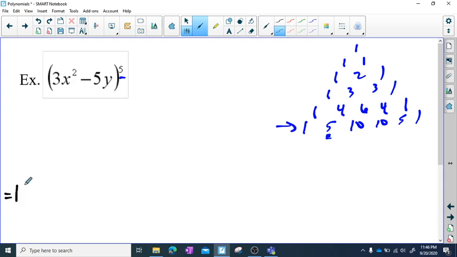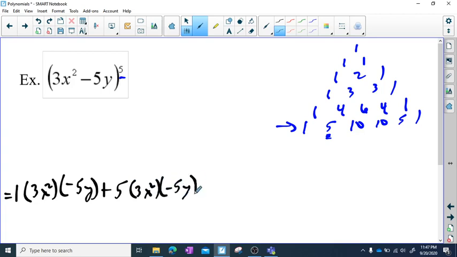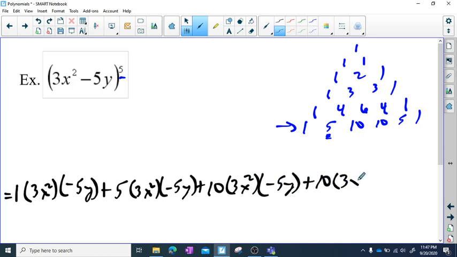So it's a 1. First term in the binomial is 3x squared. The second term in this binomial is negative 5y. I'll leave the exponents for a second. Then I got a 5, 3x squared, negative 5y. A 10, 3x squared, negative 5y. Another 10, didn't forget it this time. Running out of room.